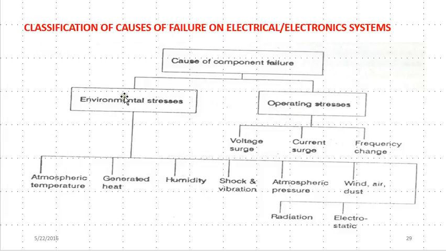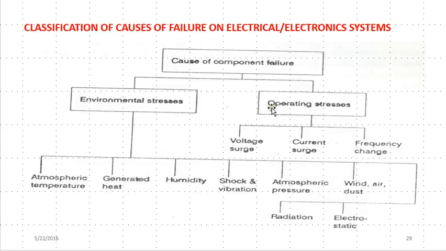The environmental stresses include atmospheric temperature, generated heat in the device, humidity, shock and vibration from mechanical energy, atmospheric pressure, wind, air and dust, the effect of radiation, and also the effect of electrostatic discharge on the components.